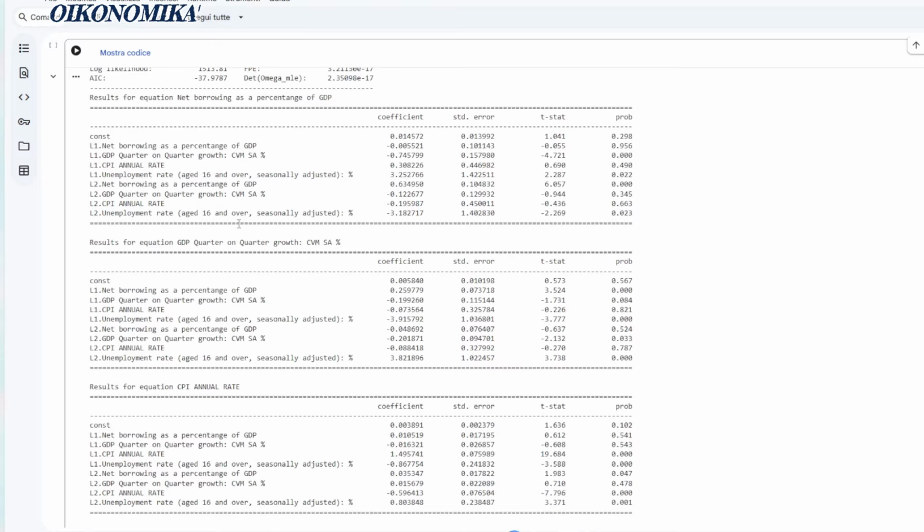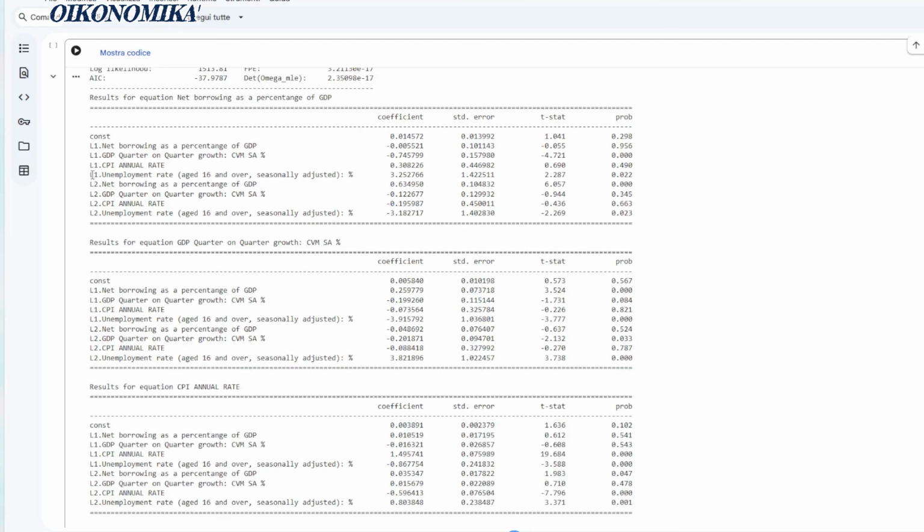What that means is that if and when there is an unemployment increase of 1 unit, then we have a coefficient. What that means is that the government needs to borrow because more people are unemployed.